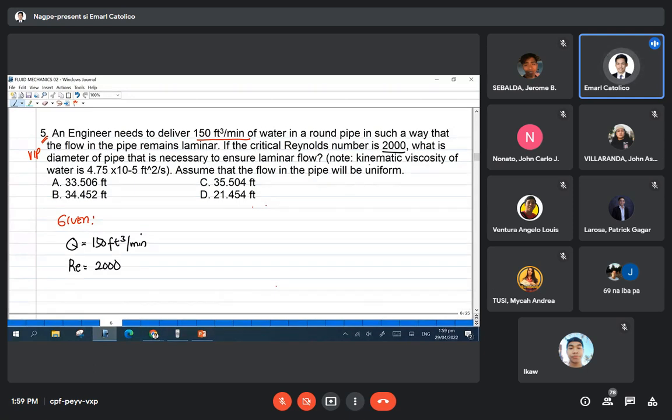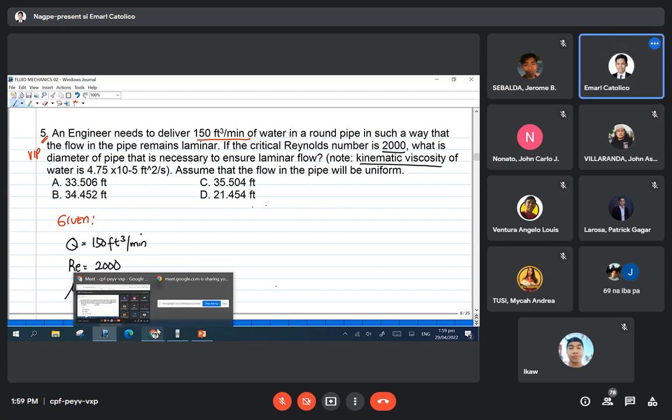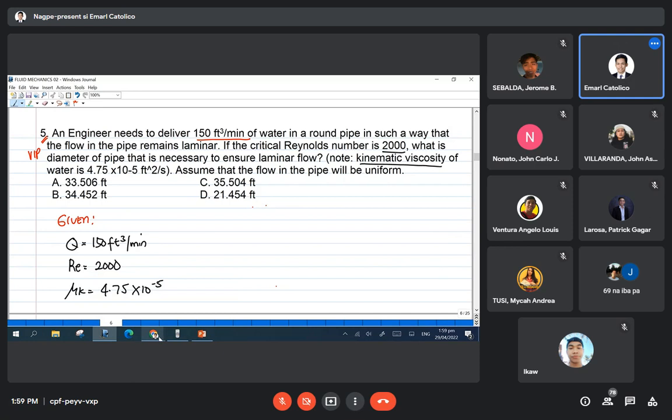Then, also meron tayong kinematic viscosity of 4.75 times 10 raised to negative 5. Ang unit natin is feet squared per second. So, ang hinahanap dito ay what is the diameter of the pipe. So D ang hinahanap.